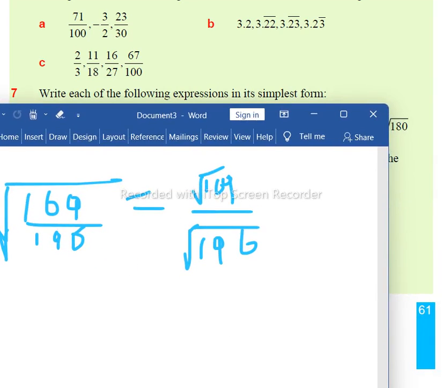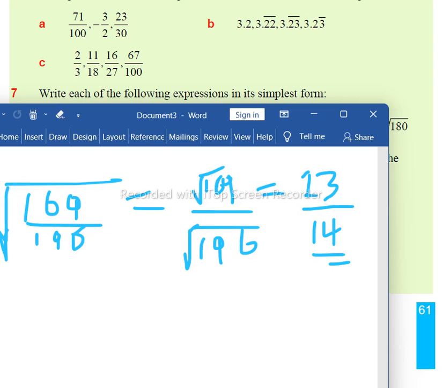The square root of 169 means the same as 13, because 13 times 13 is 169, and the square root of 196 means the same as 14, because 14 times 14 is 196.